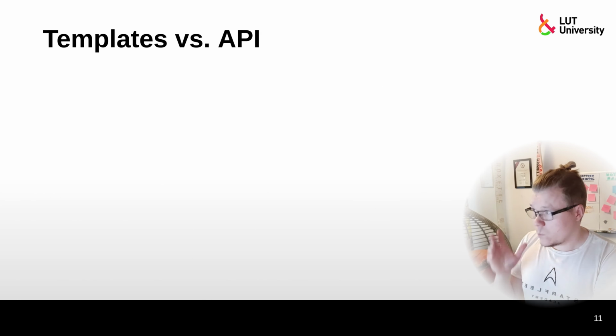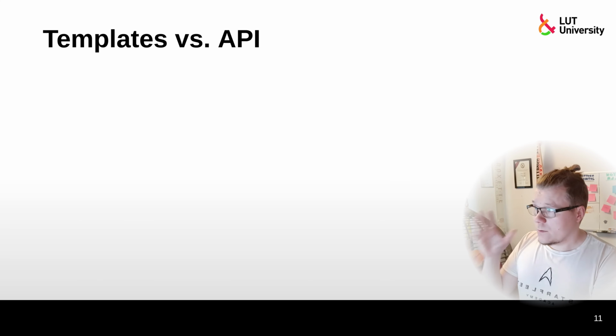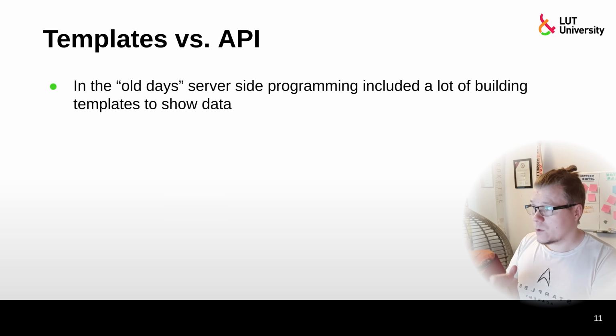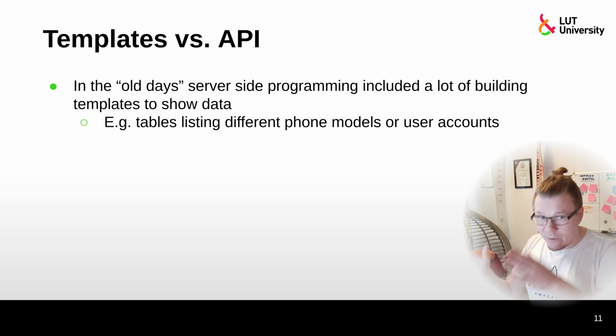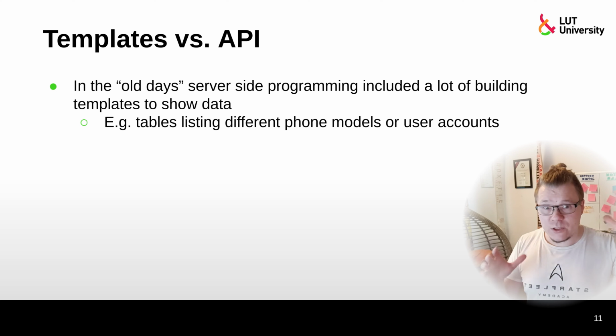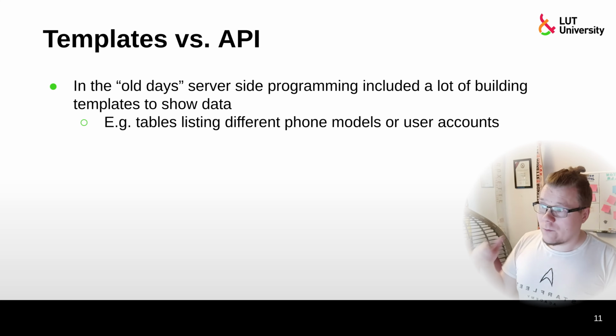And finally, some words about templates versus API. So in the old days, let's go back 15 years, server-side programming included a lot of building templates to show data. So we could, for example, in the server side, build an HTML table full of phone models or user accounts.